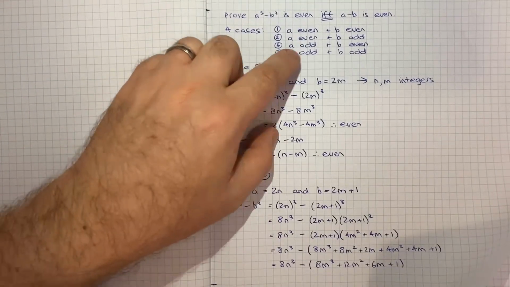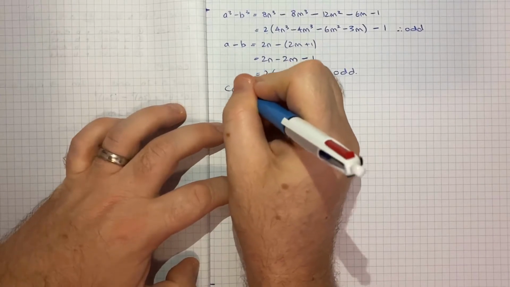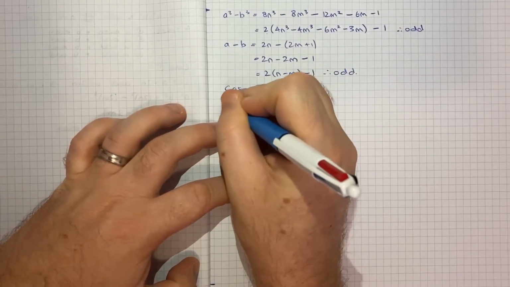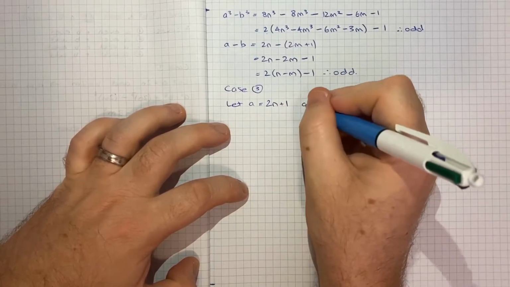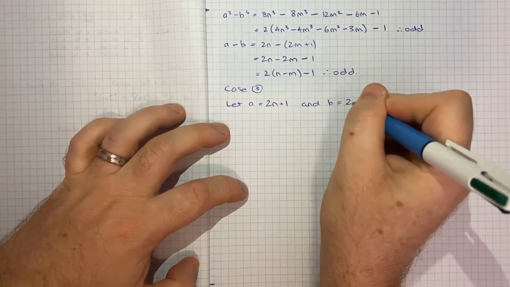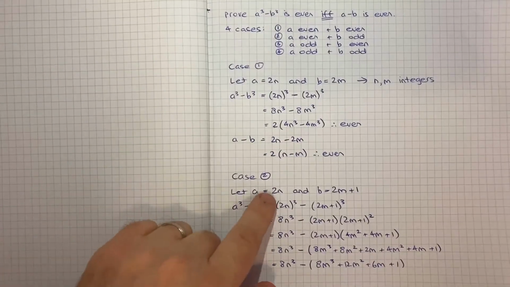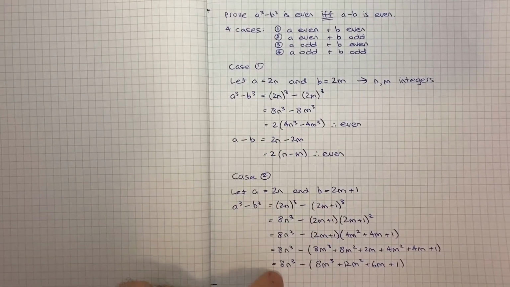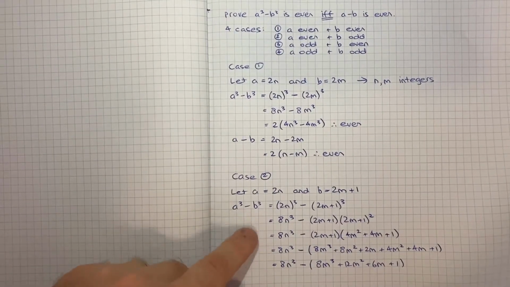Now we'll go to case 3. A is odd, b is even. So we let a equal 2n plus 1 and b equal 2m. Now hopefully you'll see that we're just going to get the same as case 2. I'll work through it just for completeness, but hopefully it should be no surprise that we're going to get the same outcomes.